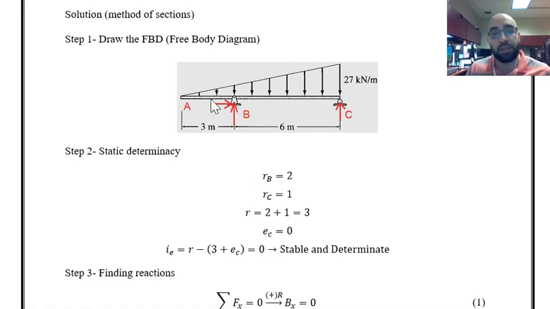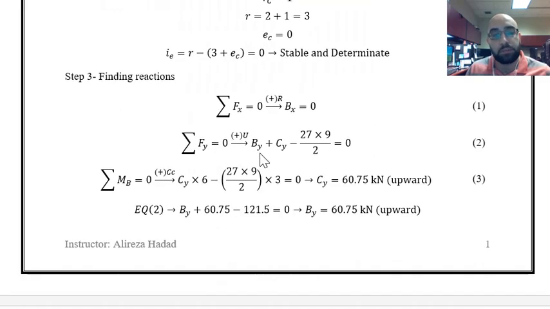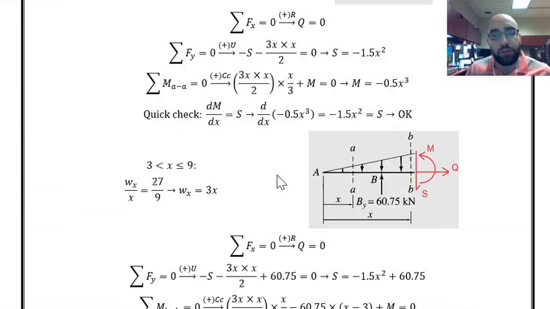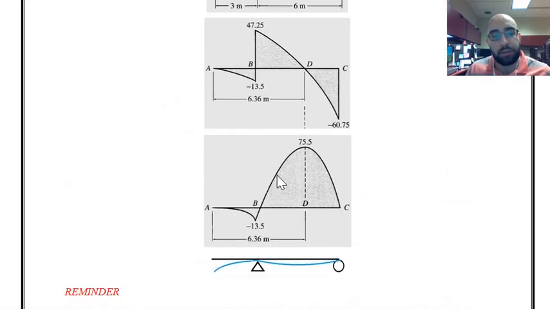The centroid of this triangular shape is at 1/3 from the vertical side, which is 3 meters right over here, 3 meters from the vertical side. And the distance from the centroid to the point where I'm calculating the moments about is 3 meters. And that is over here. I have a reminder for you at the end of this example.